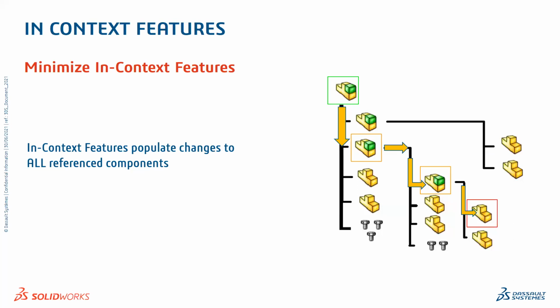Once I do the required features in the current model, I go and erase the features of the references which are referring to other components, that means external components. This will drastically reduce your opening time or switching time. So it is always preferred to minimize, or if possible avoid, the in-context features.